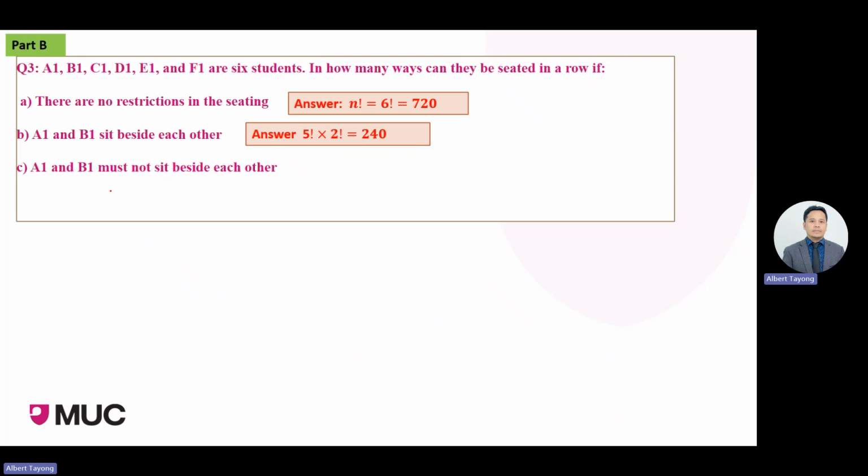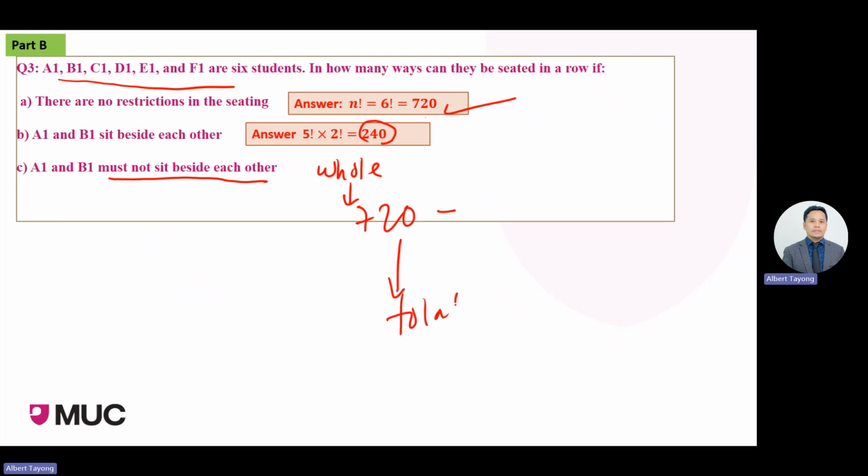So A1 and B1 must not sit beside each other is the opposite of this. So the whole is 720. This is without restrictions, the total possibilities involving these 6 students. That's the whole total, the total number of permutations when we don't have any restrictions.